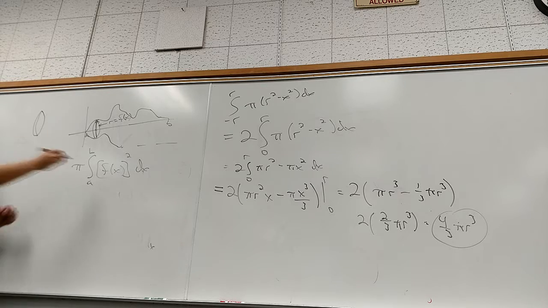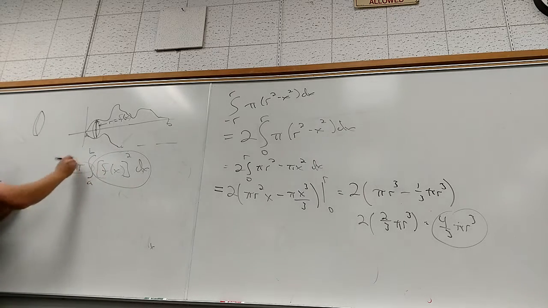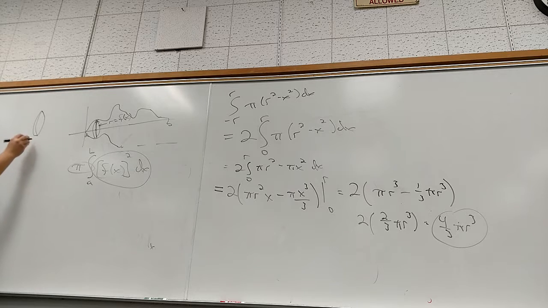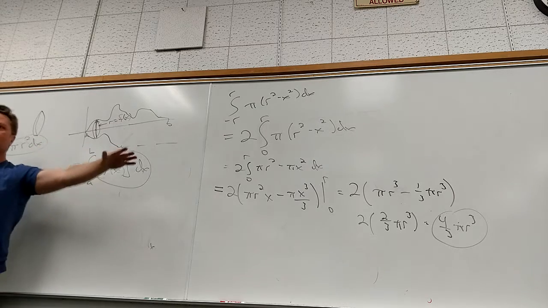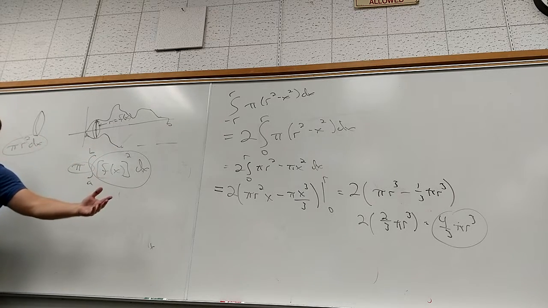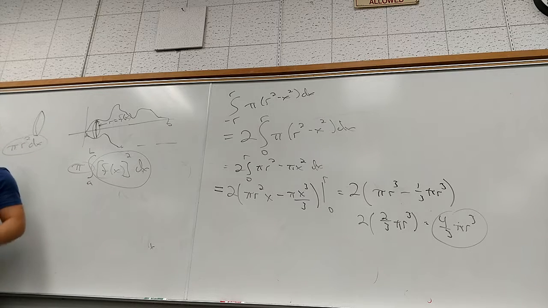So if you look at it like this, pi r squared dx is a volume element, because it's the thickness times the area. That's the volume of that little disk. So if I add up all the volumes, I get the total volume. That's a slightly different way to look at what we're doing. It doesn't change the work.